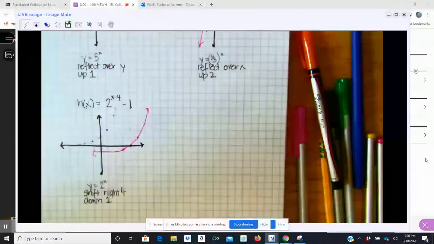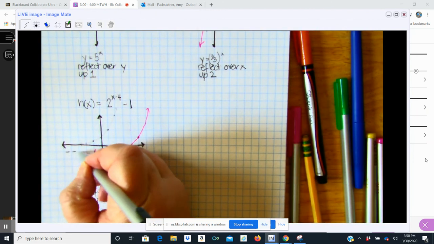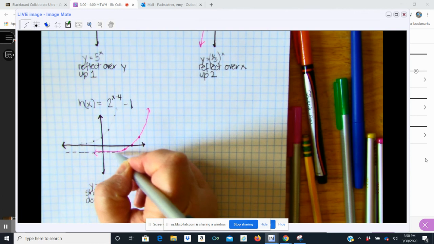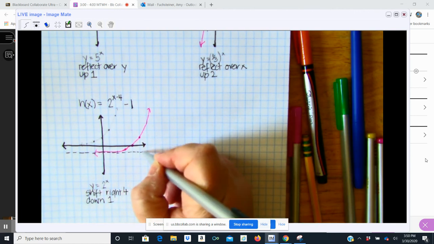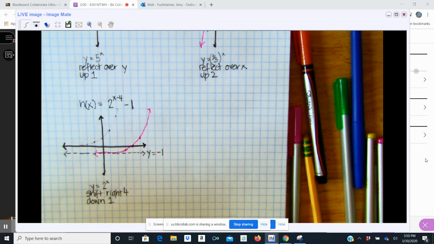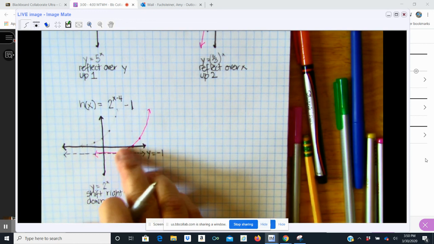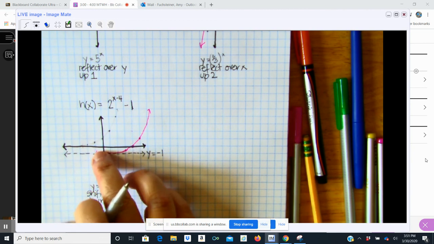Do I have a new asymptote? Yep. I should have a new one at y equals -1. But do you see how with this one, you lose that whole (0, 1) point?